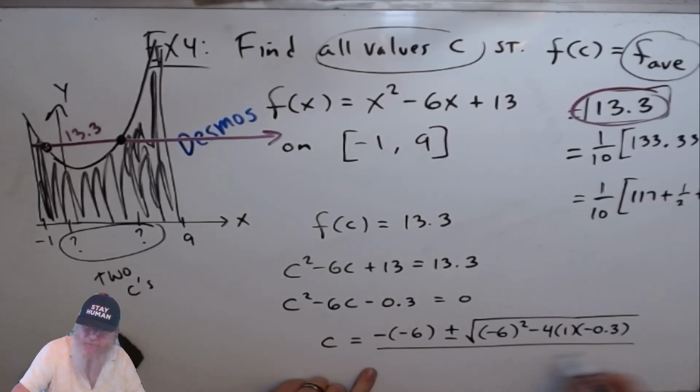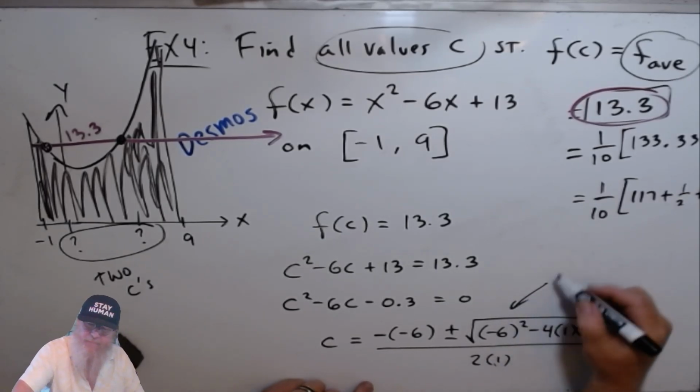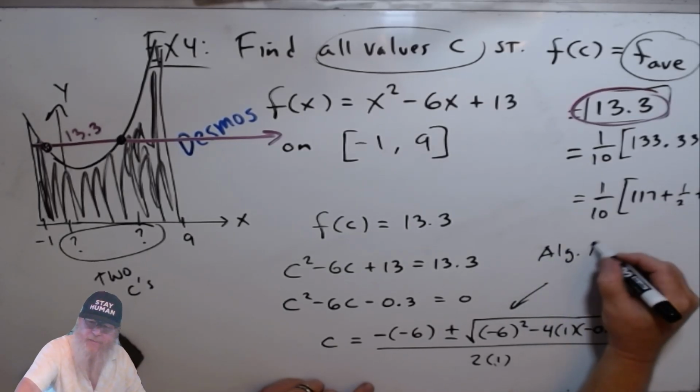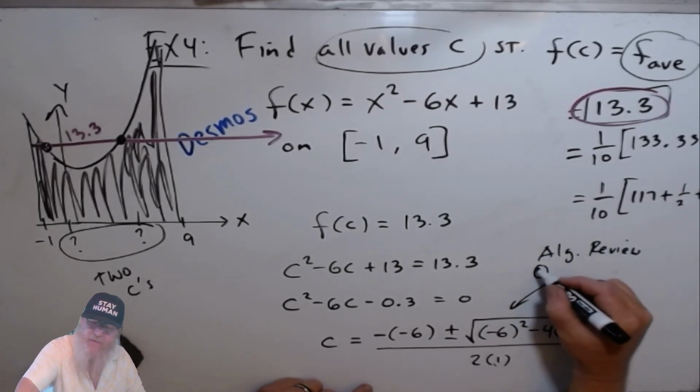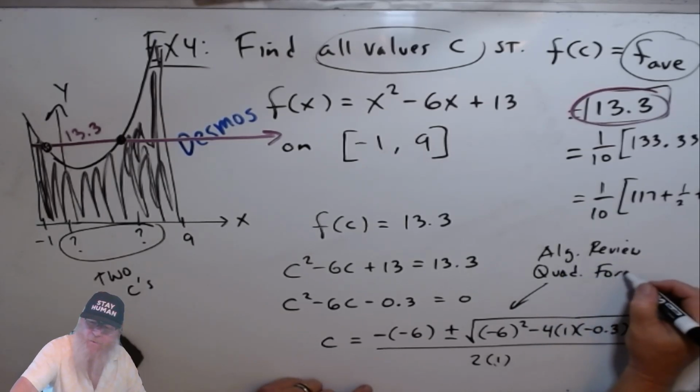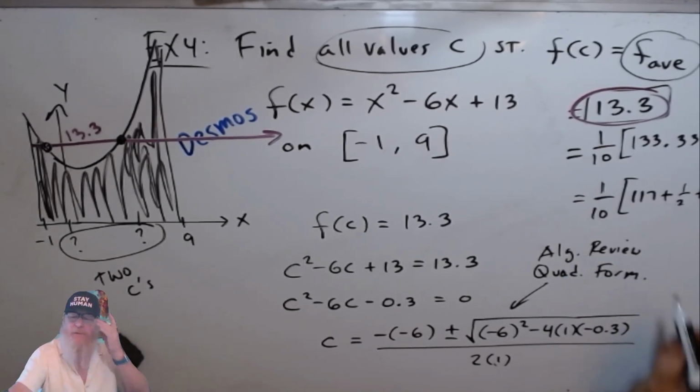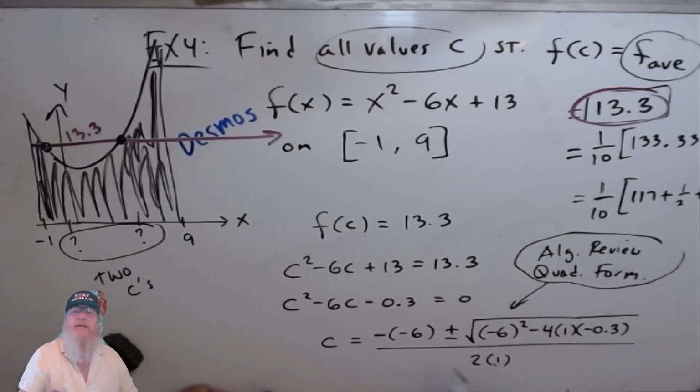If you haven't had algebra in a while, all over 2A. Algebra review, quadratic formula: negative B plus or minus the square root of B squared minus 4AC all over 2A.